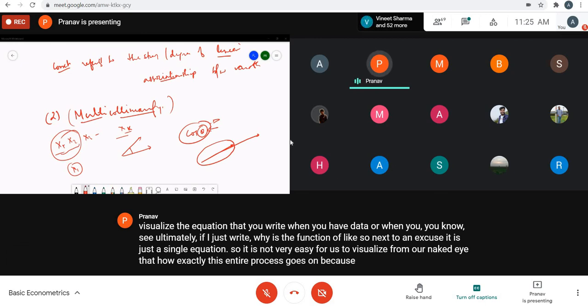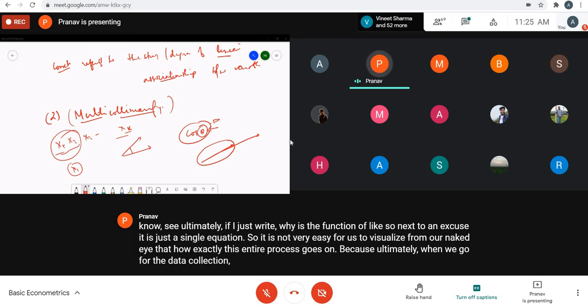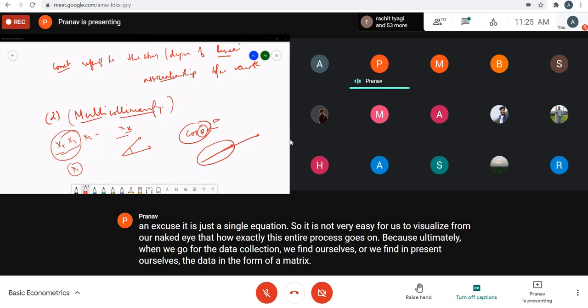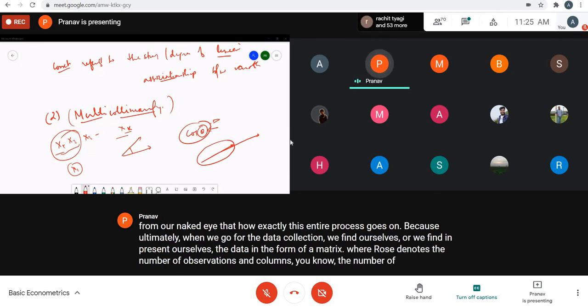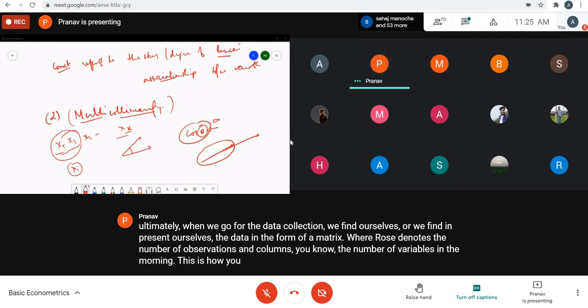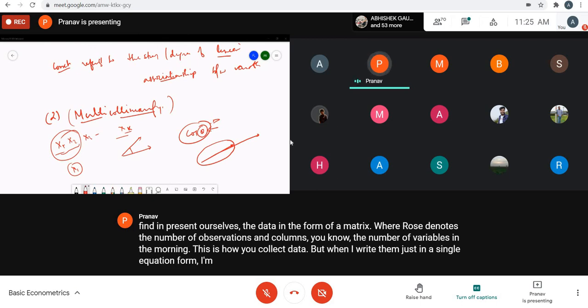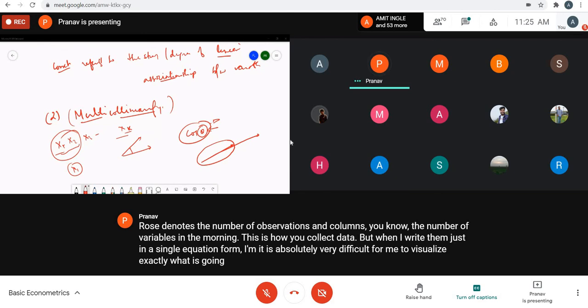Because ultimately when we go for data collection, we present the data in the form of a matrix, where rows denote the number of observations and columns denote the number of variables in the model. This is how you collect data. But when I write them in a single equation form, it is very difficult for me to visualize exactly what is going on.